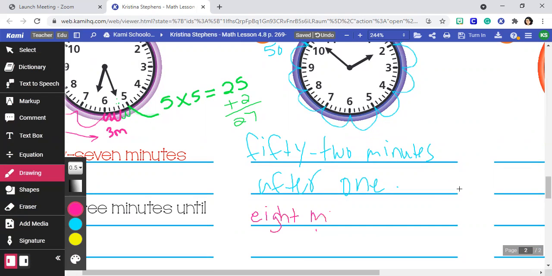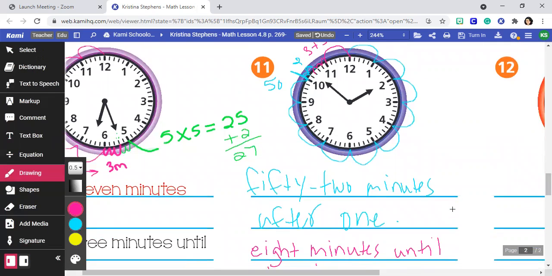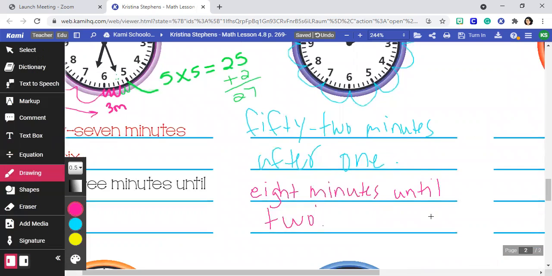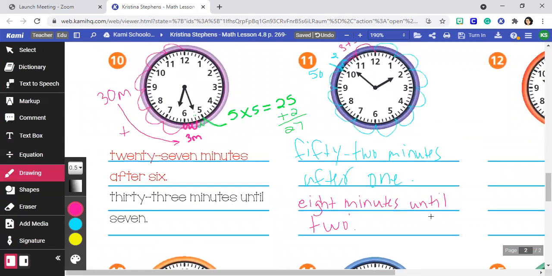Eight minutes until, and it was 1 o'clock until 2. And so you could say until 2, or what was the other way that they set it up here? Before 2, until or before. The way that I speak, I usually say until. So it's the same meaning that we have there.